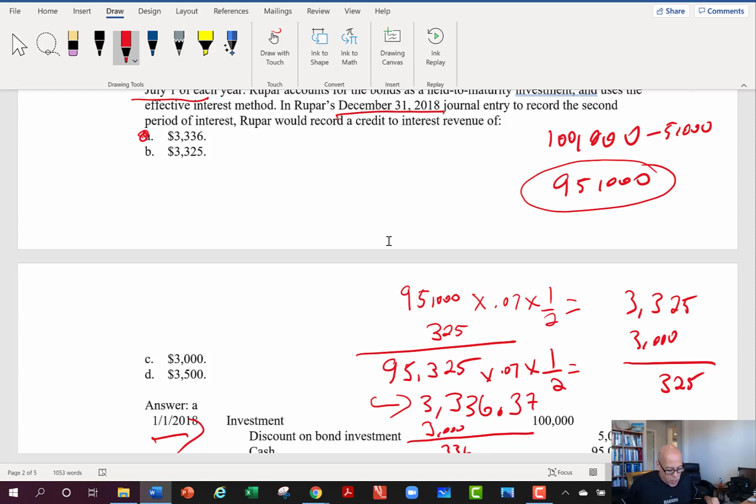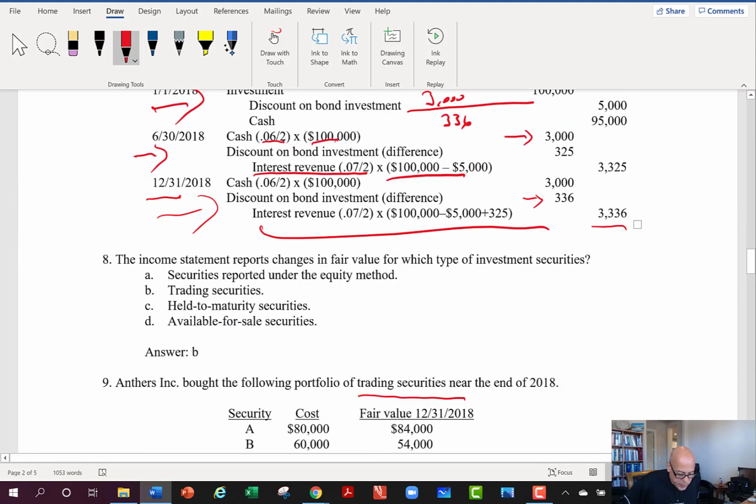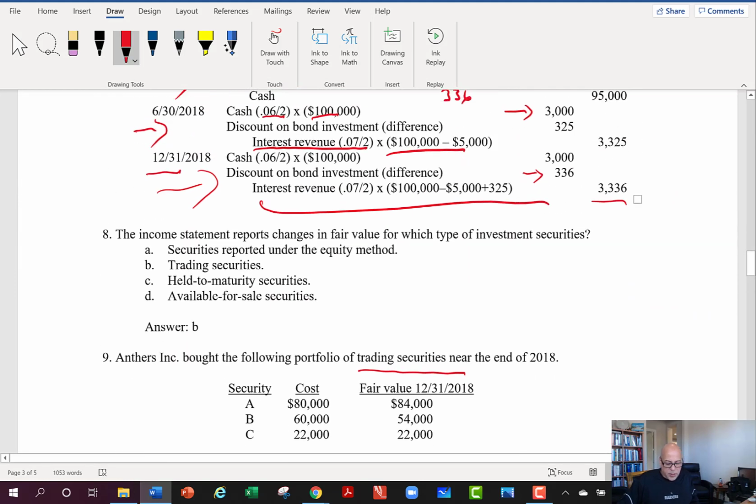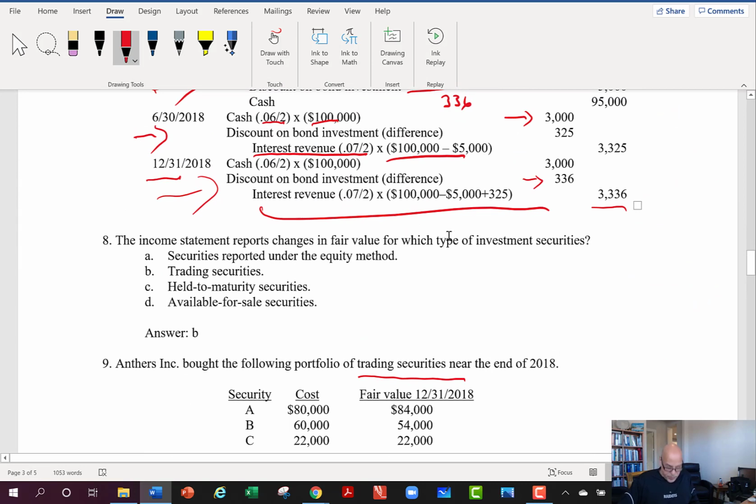Okay. All right. Good. Let's go ahead and take a look. And notice, guys, the income impact for a held to maturity security is going to be just the interest part. There's no unrealized holding gains and losses being calculated anywhere on a held to maturity security.